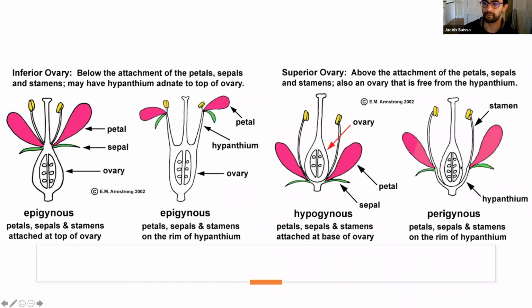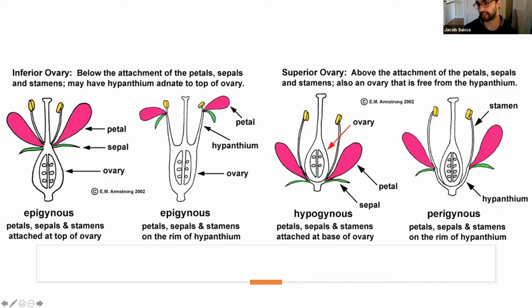Okay, so I think I briefly talked about this, but the position of your ovary is important, and it can be in many different places. I think the classic flower looks something like this right here, where you have your sepals, your petals, your stamens, and then your ovary right here.